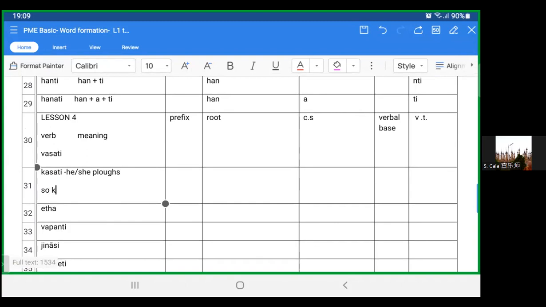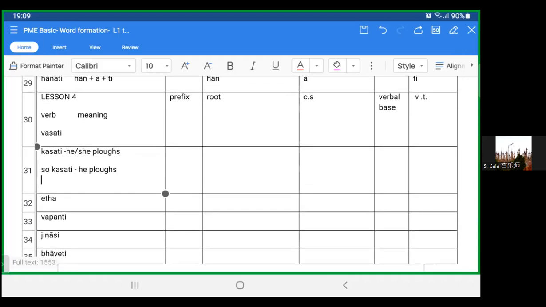But if you write so kasati, then it's not she, it's he. So you stress on he. What about she plows? Then you put sa kasati. If you want to put female, then you need to put sa.